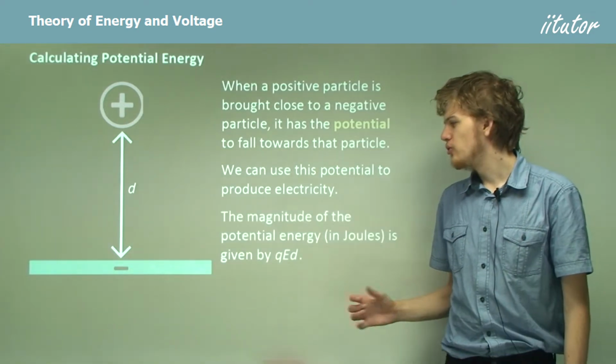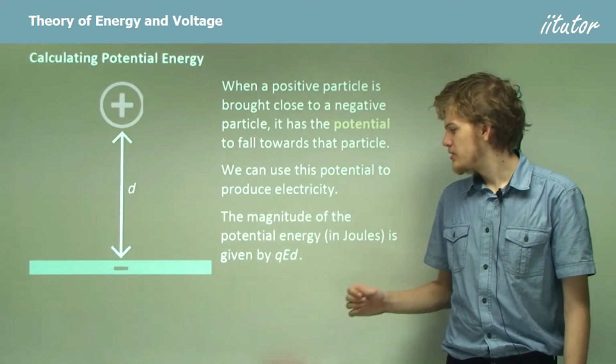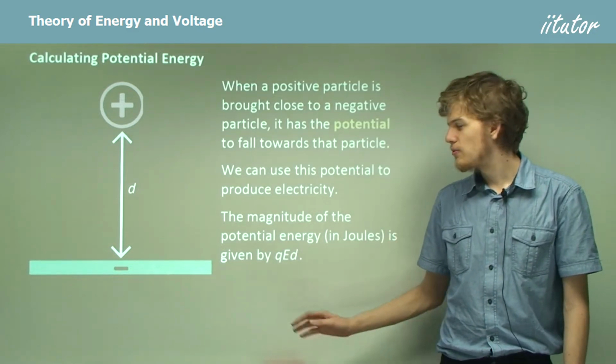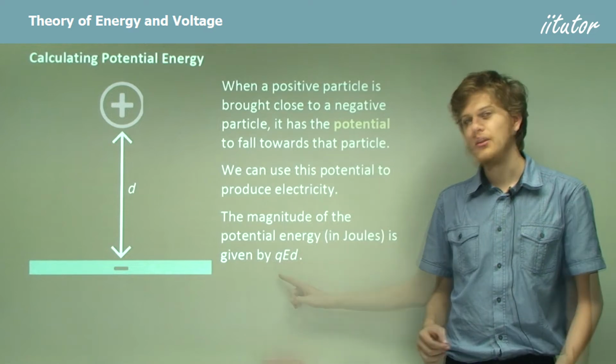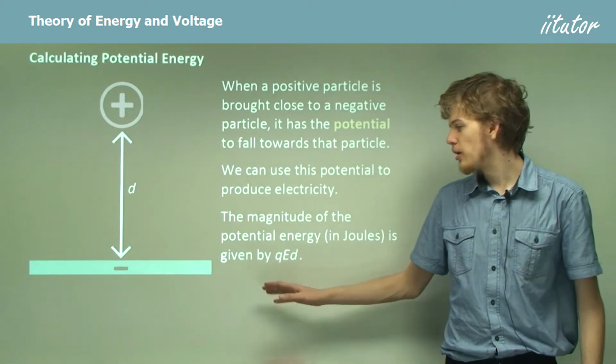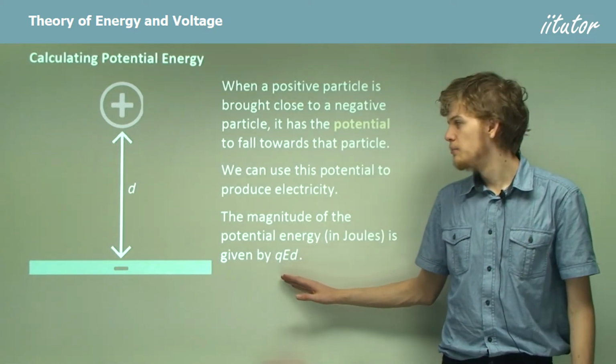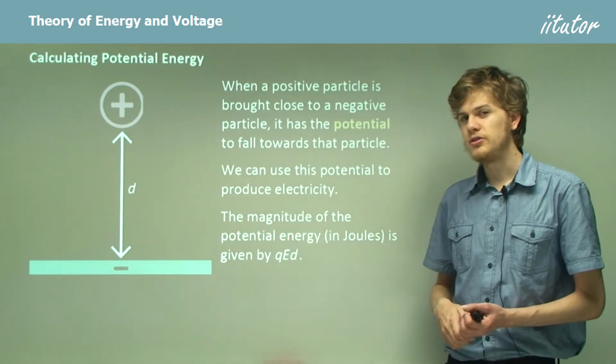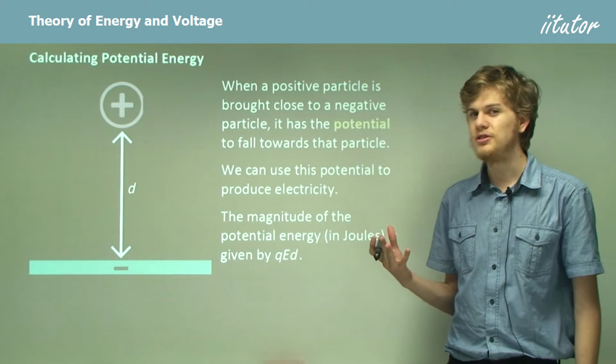Now, the magnitude of the potential energy is given by force times distance. The force in this case is, of course, going to be QE. That is the electric charge of the particle multiplied by the electric field strength, multiplied by the distance it's able to fall. We used something similar to this to find out gravitational potential energy.